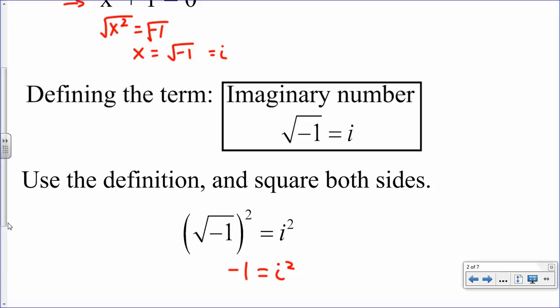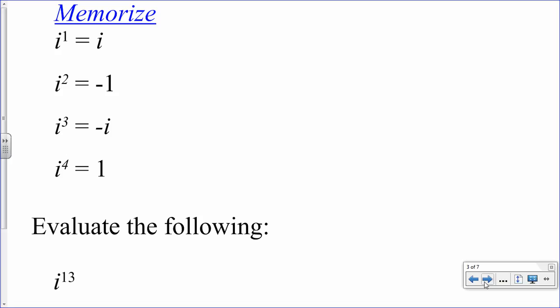Okay, we're going to talk about powers of i, because actually we don't leave any exponent on i. You can always rewrite it so it does not have an exponent. These first 4 powers of i are what I want you to memorize. So i to the first is i.